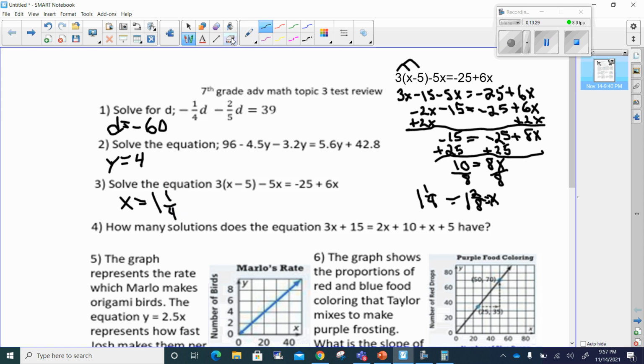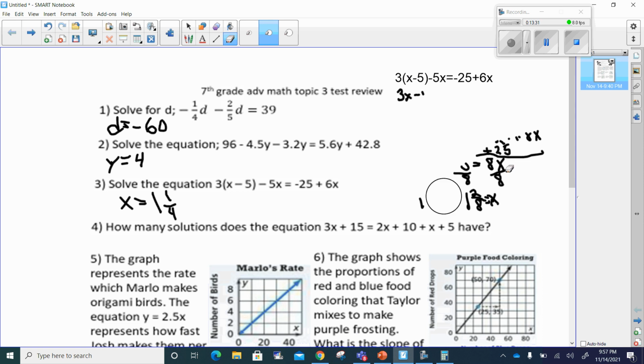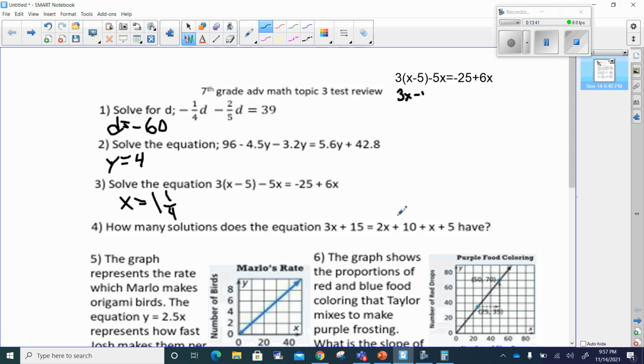All right, let's go on to the next one. We've got, how many solutions does, wow, look at this. Does this equation have? All right, well, I'm going to go ahead and erase all this to have some room to work.